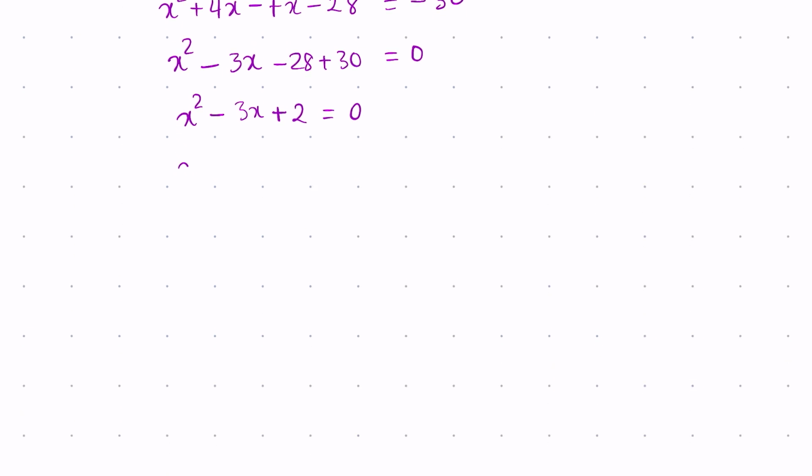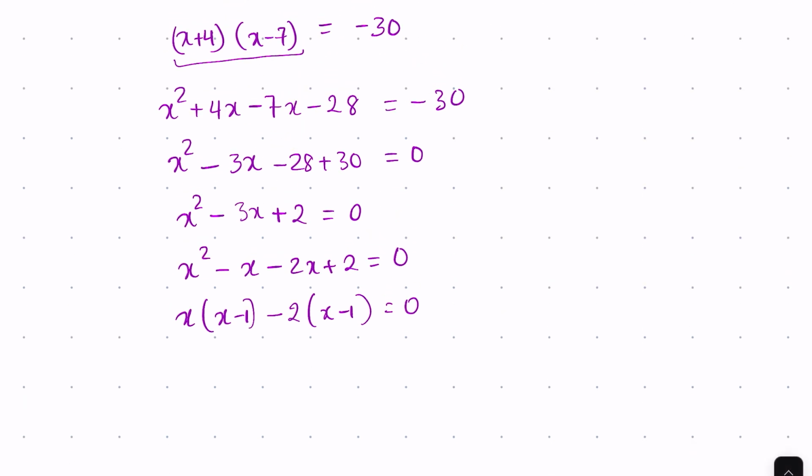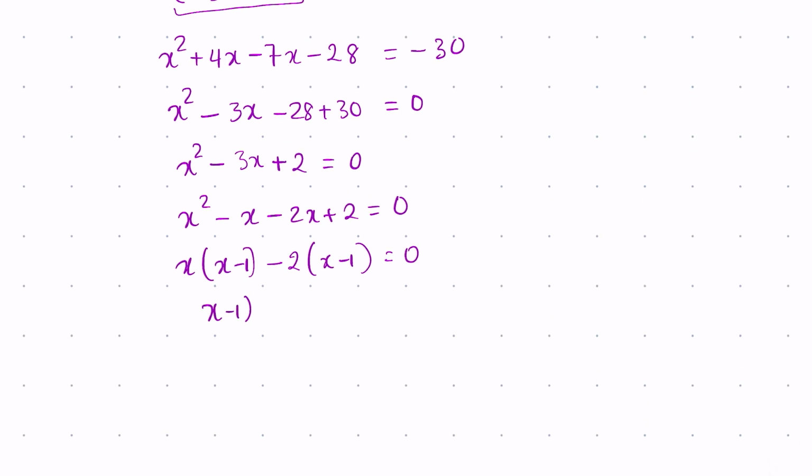This can be rewritten as x squared minus x minus 2x plus 2 is equal to 0. If we take x common, this is x minus 1, and minus 2 common, times x minus 1, is equal to 0. So x minus 1 multiplied by x minus 2 is equal to 0.